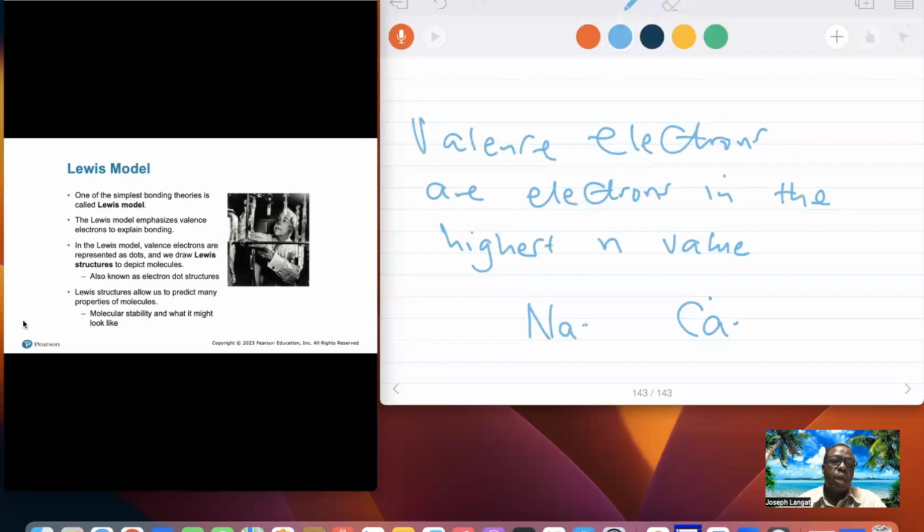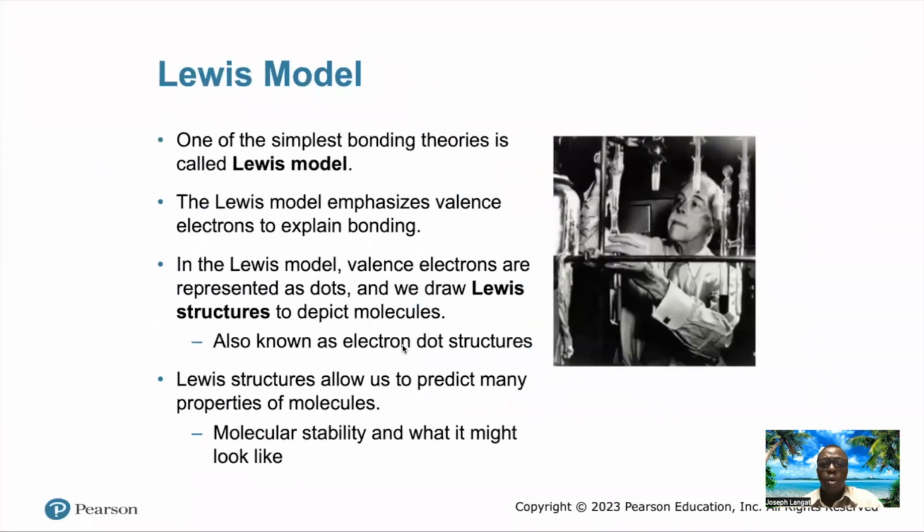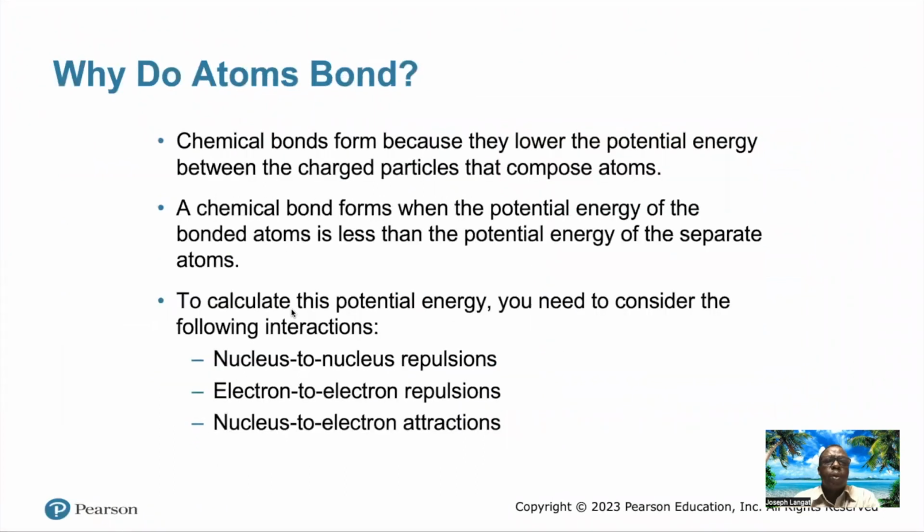We also call this the electron dot symbol. This is what we look at later on in section 10.5. All right. So Lewis structures allow us to predict many properties of molecules, and that's why it's important for us to learn the Lewis model of chemical bonding. The fundamental question here is why do atoms bond or form chemical bonds?